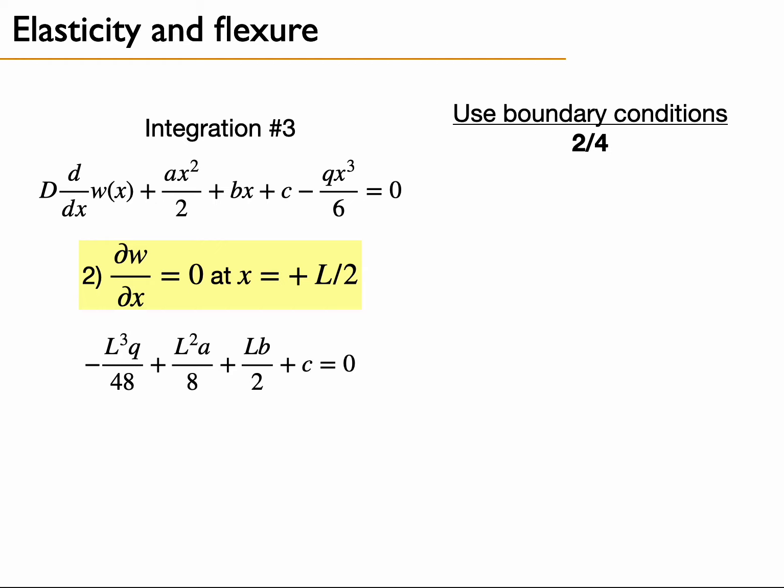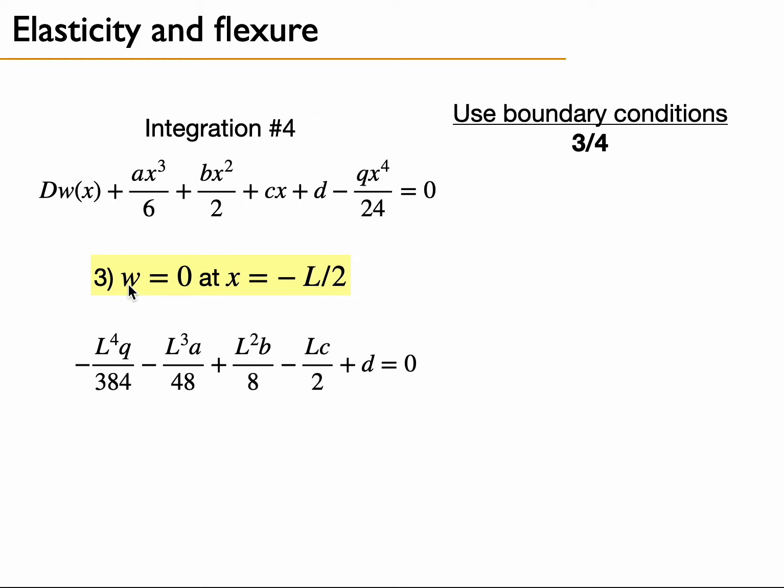So let's move to boundary condition number 3. So boundary condition number 3, it directly concerns W and not a derivative of W. So to work with this boundary condition, we want to use integration step number 4 because integration step number 4 does include W and not the derivative of W. So now we can set W equals 0 at x equal minus L divided by 2 everywhere.